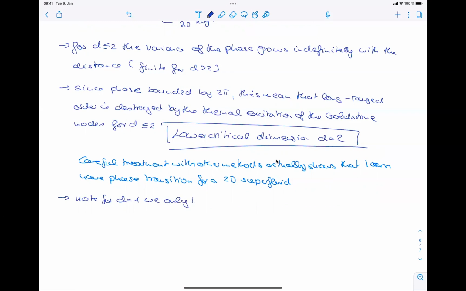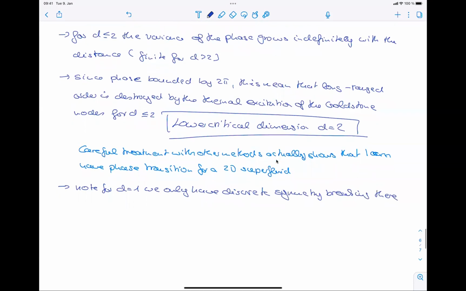We only have discrete symmetry breaking there, and there are no Goldstone modes.